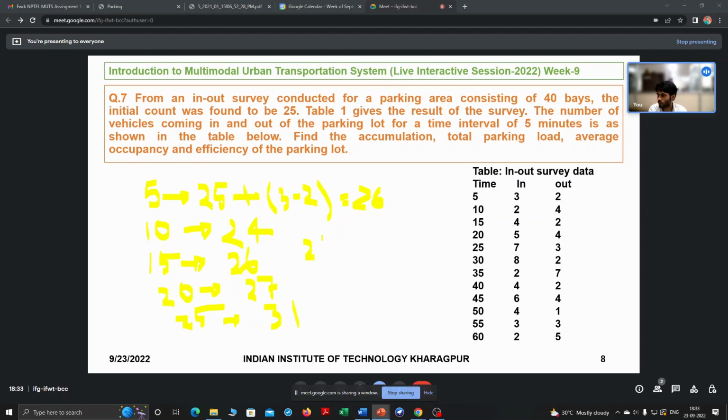Now at 30, we already have 31 vehicles, 8 vehicles entering, that is 39, 2 vehicles are out, so 37. Then at 35, 37 plus 2 is 39, 39 minus 7 is 32. Like this you can calculate your parking accumulation, right? So this question has been answered, so let me just erase it.